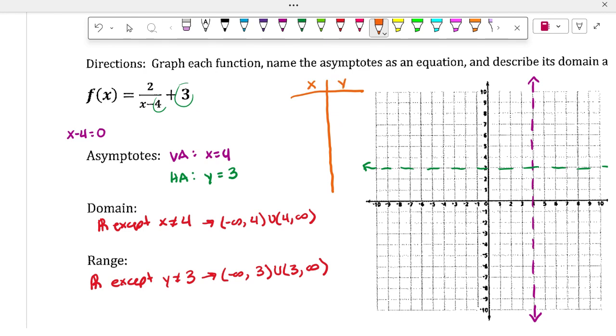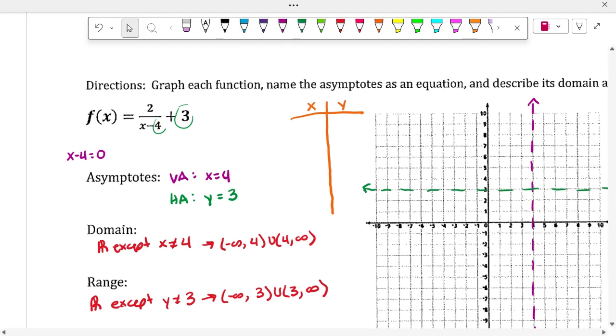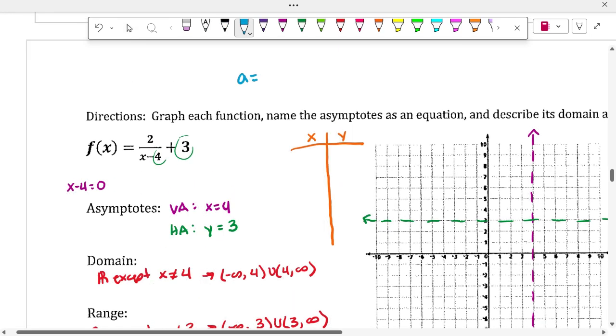Now, what's our A value? 2. So A is equal to 2. So remember what I said for your X value specifically in your branches. You want to shoot for A over A, A over 1, A over negative A, and A over negative 1.